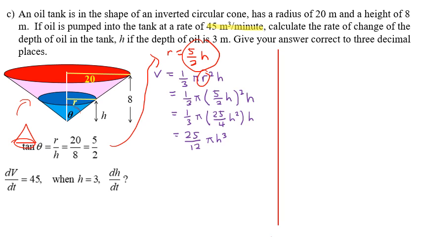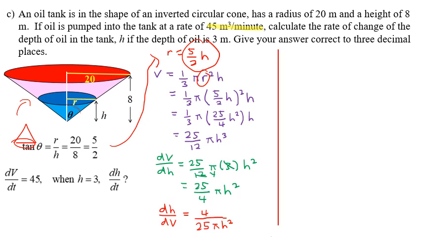After we obtain the equation of volume, don't forget we have to differentiate in order to get dV/dH. So differentiating, we get dV/dH equals 25/4 pi H squared. And then remember, later we have to use the chain rule. And remember from the previous example, we have to invert, right?